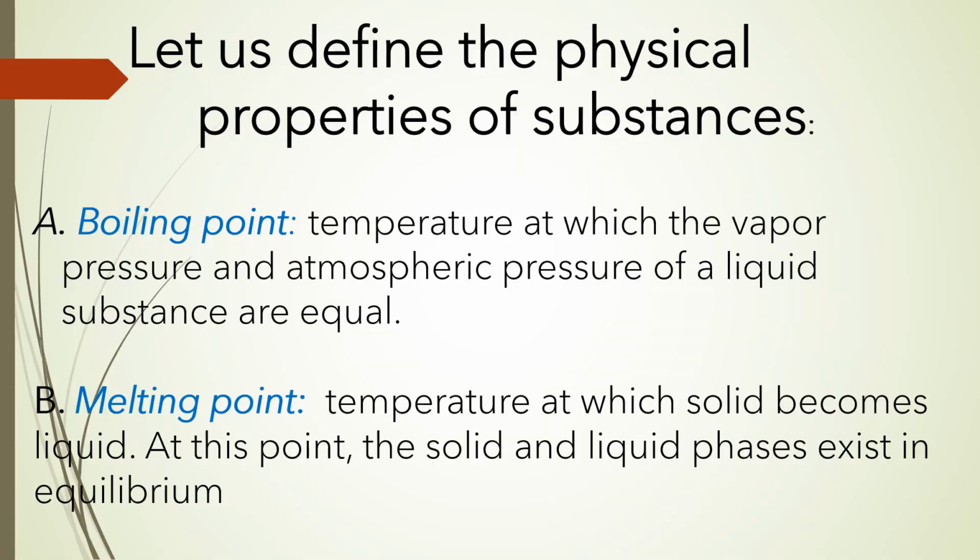Okay, so let us define the physical properties of substances. You have the boiling point, the temperature at which the vapor pressure and atmospheric pressure of a liquid substance are equal. Melting point, the temperature at which a solid becomes liquid. At this point, the solid and liquid phases exist in equilibrium.